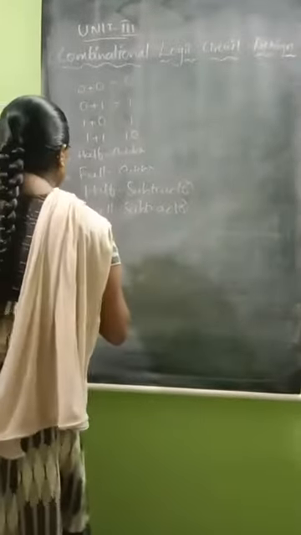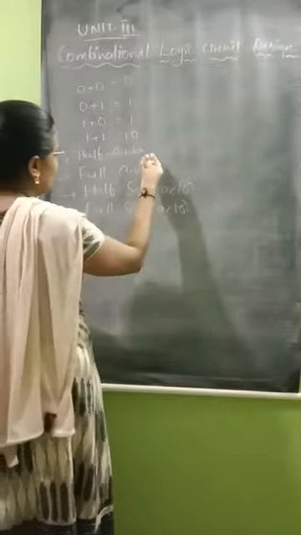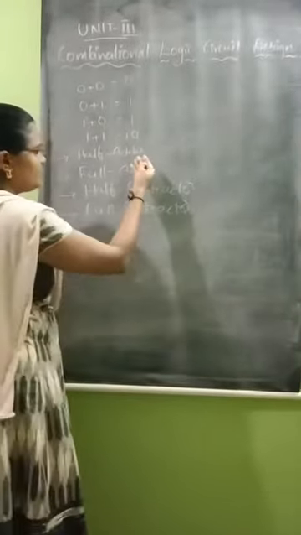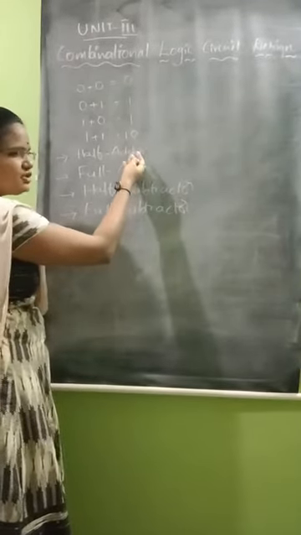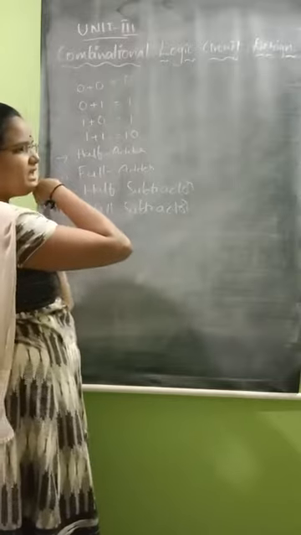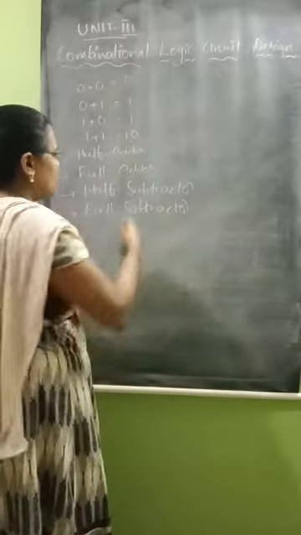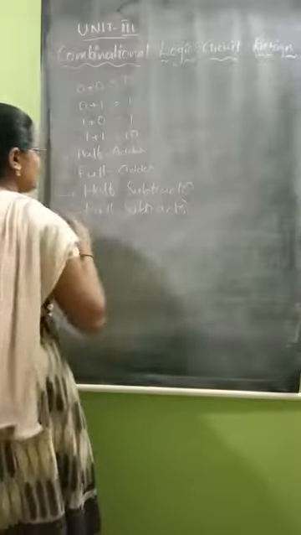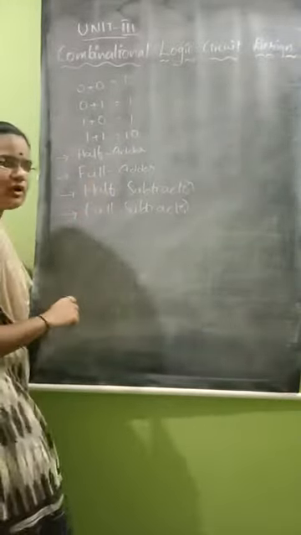Now, a combinational circuit that performs the addition operation of two binary bits is called a half adder. Again I repeat, the combinational circuit that performs the addition of two binary bits is called a half adder.